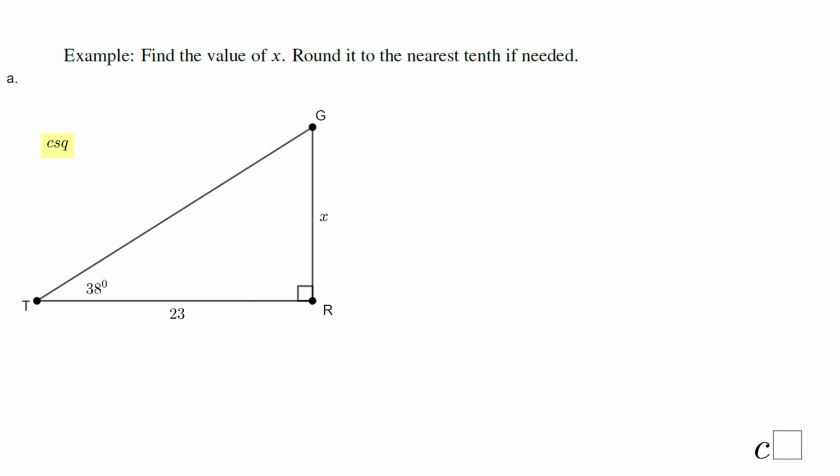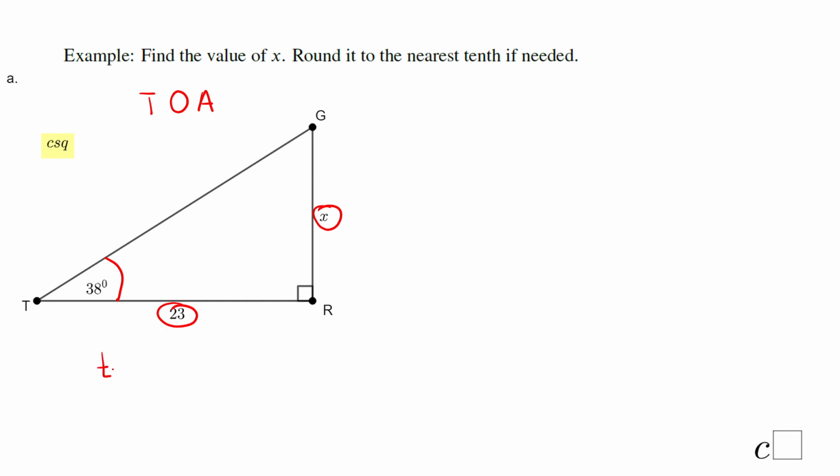Let's take a look at this example where we have a very similar picture, but you will notice we're going to use a different trigonometric ratio. Why? We have the angle, we're looking for the opposite leg, and we have the adjacent leg. So that tells me I'm going to use the tangent.